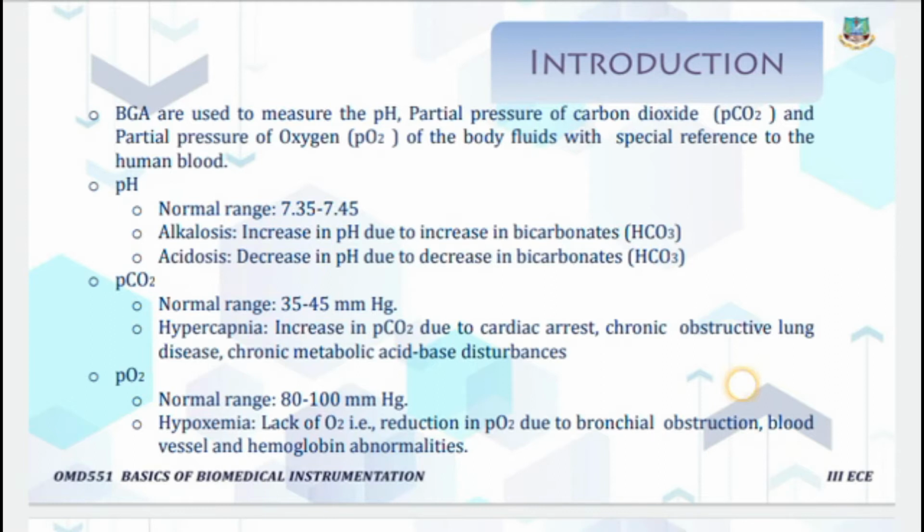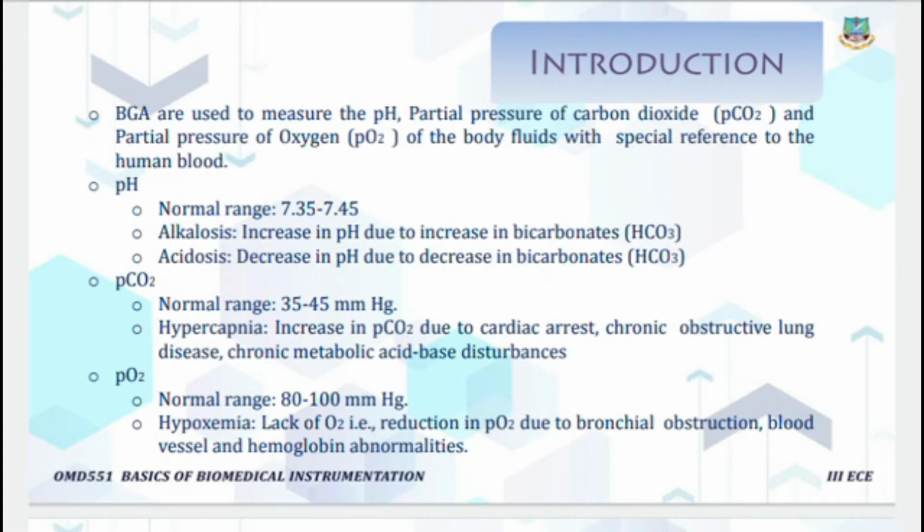First one, pH, that is potential of hydrogen. The normal range of pH is from 7.35 to 7.45. If there is alkalosis, it means an increase in the pH value, due to an increase in bicarbonates.